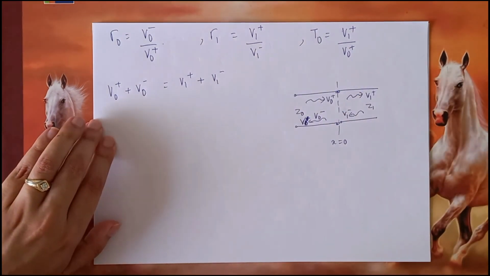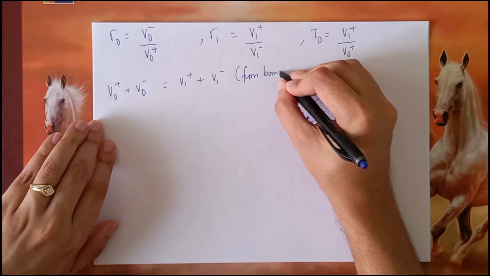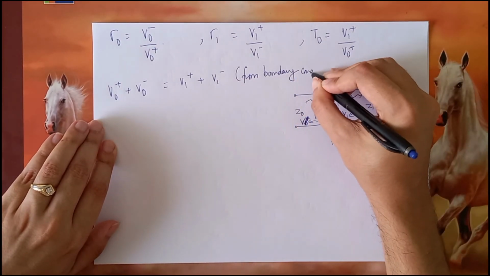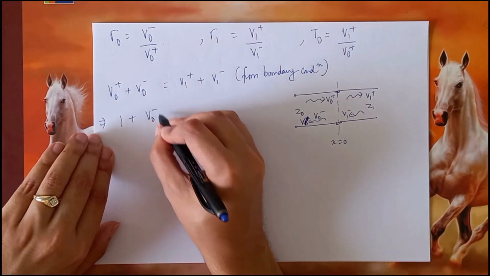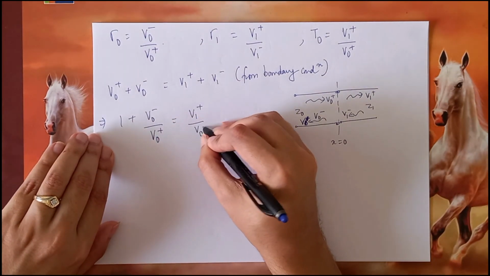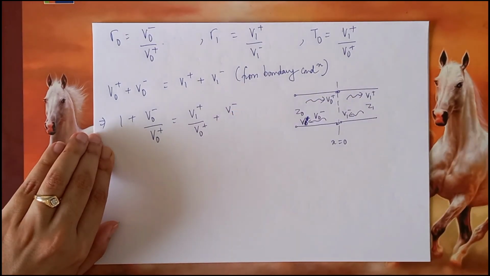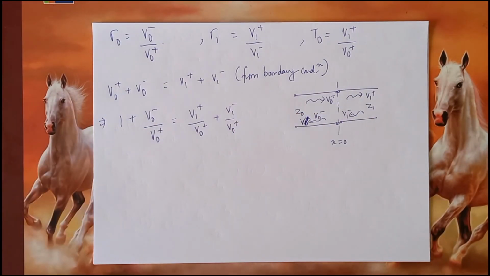So if I now divide this equation by V0 plus, that means I will get 1 plus V0 minus divided by V0 plus equals V1 plus by V0 plus plus V1 minus by V0 plus. Now, this looks a very complicated equation.